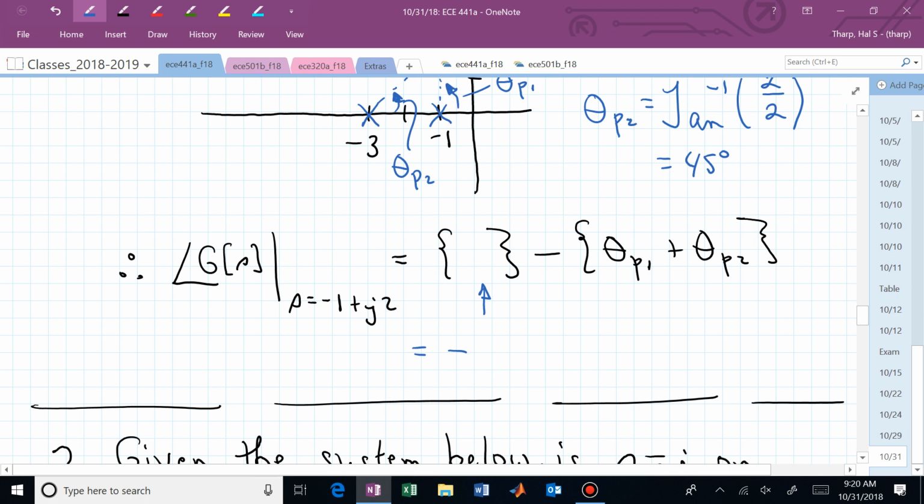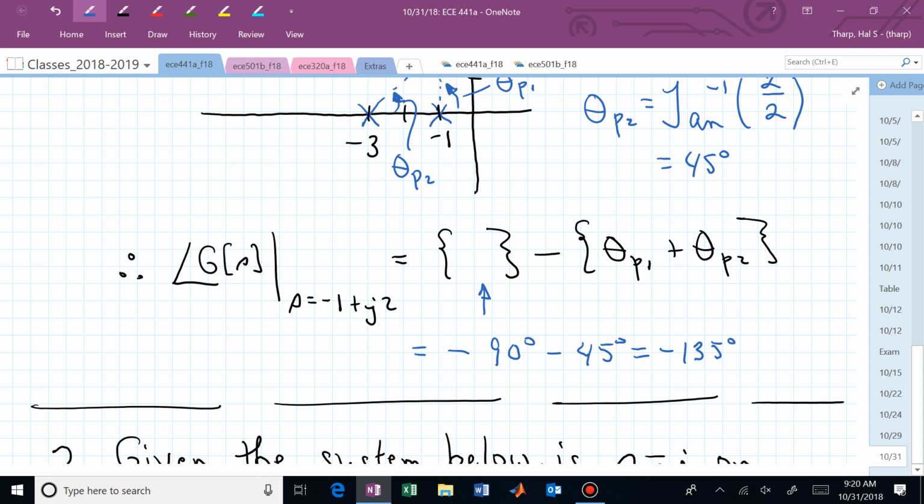And now we subtract the angle of theta P1 and the angle of theta P2 to find that the angle that that transfer function produces at s equal to -1 plus j2 is minus 135. So what?